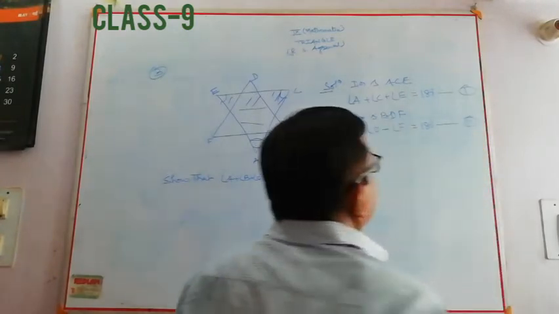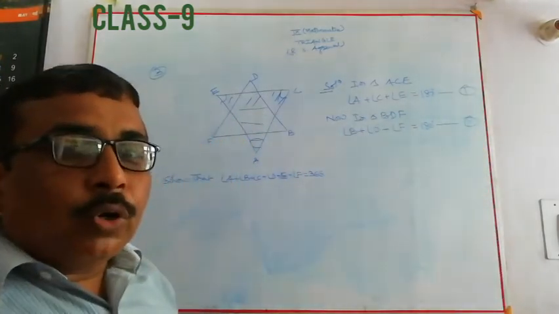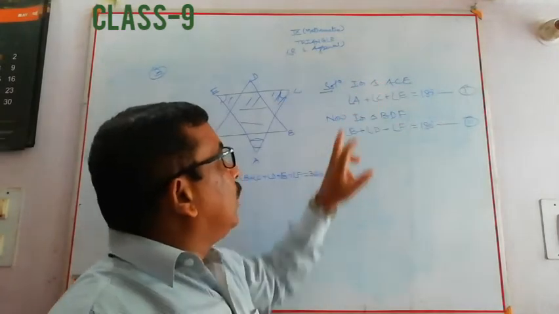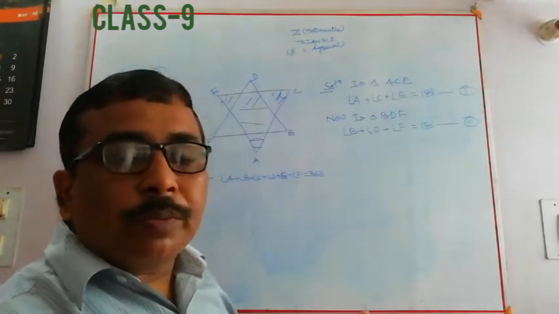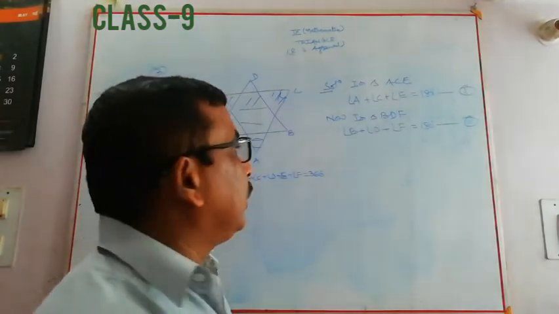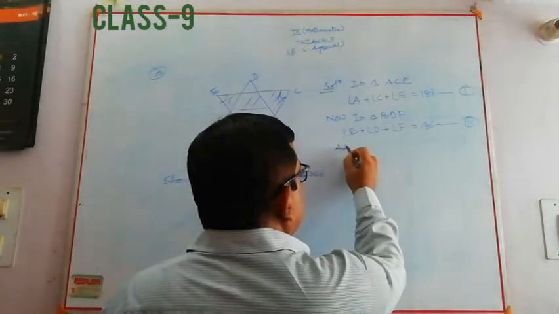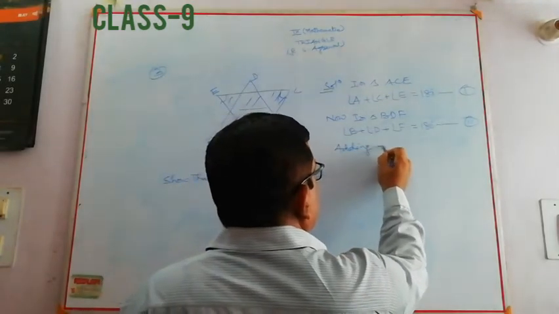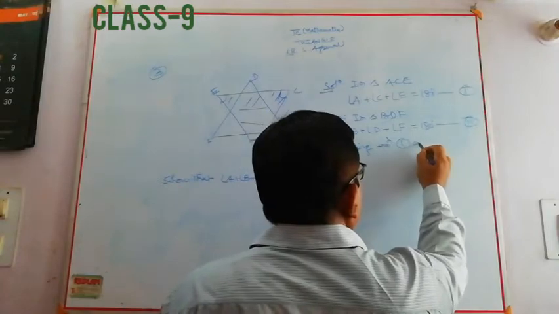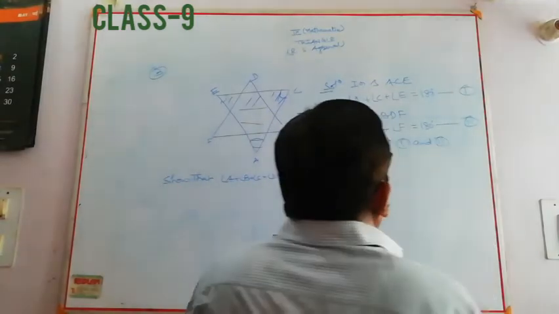Forming two equations, equation 1 and 2. That is the property of triangle. Do you know? The sum of angle of a triangle is what? 180 degree. Now, adding equation 1 and 2.